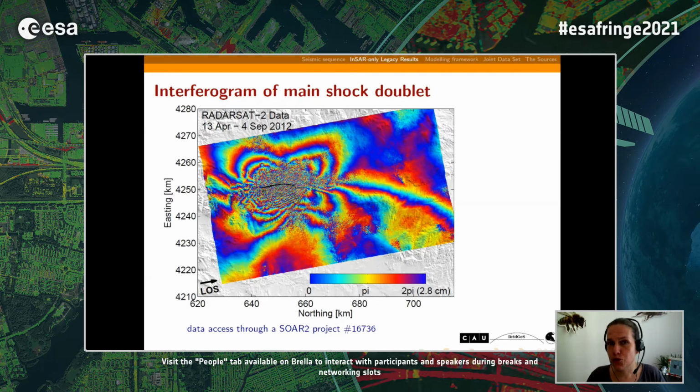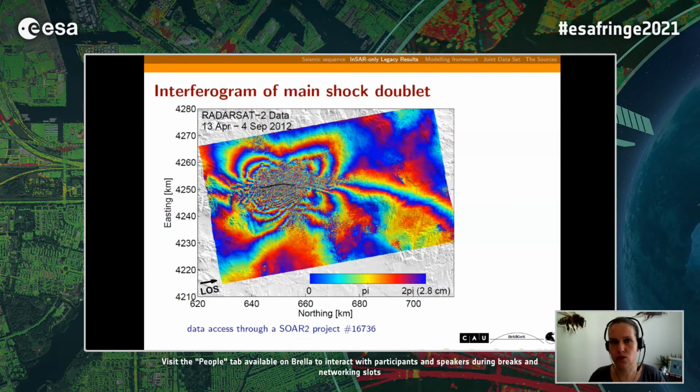So, of course, I would like to show you fringes. For this earthquake, it happened in 2012. So there was no ERS anymore. There was no Envisat anymore. There was no ALOS-1. Yeah, and the new satellites have not been there. So for C-band, for instance, we just had RadarSat. And I was lucky to get RadarSat data via the ESA SOAR-2 project. And unfortunately, there's only ascending acquisition.